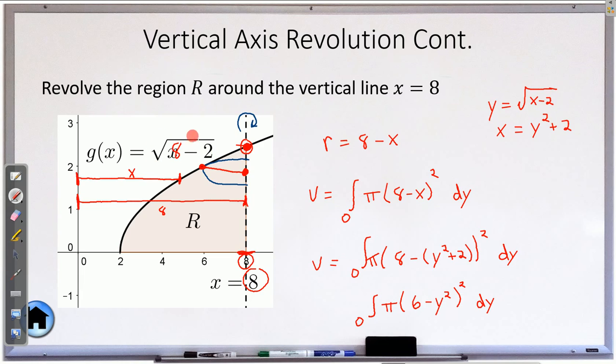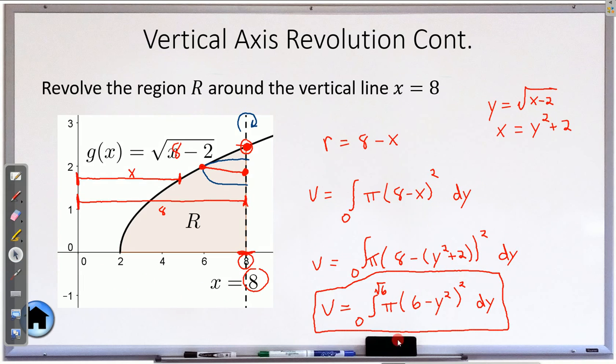The square root of 6 is not a nice number, so we'll just put the square root of 6 right there. And that is our volume. Again, I'll let you plug that into the calculator. Hopefully you're getting pretty good at that by now, and just switch the y's to x's when you input it.